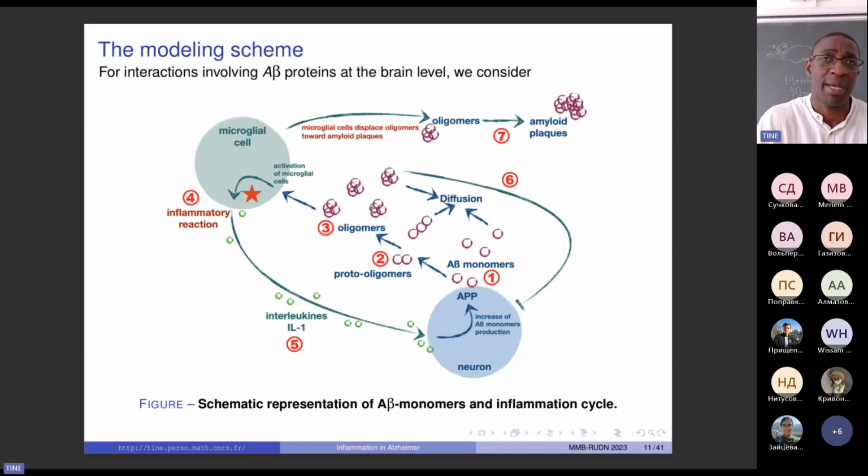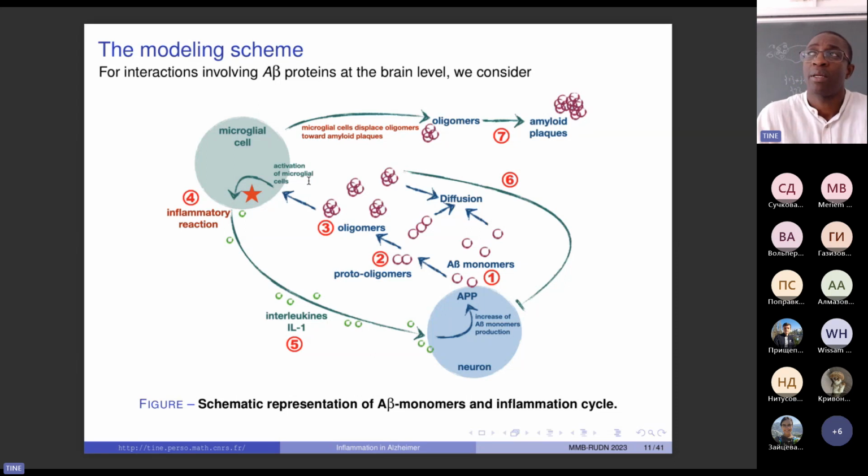That means when we have the formation of oligomers in the brain, there is an inflammation process because there is something bad for the organism. So the microglia cells are activated, and their principal role is to displace oligomers into plaque, that means to throw them into plaque.